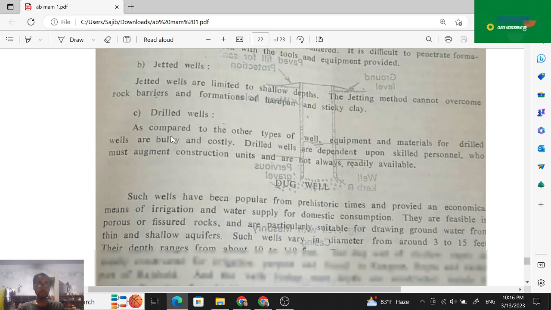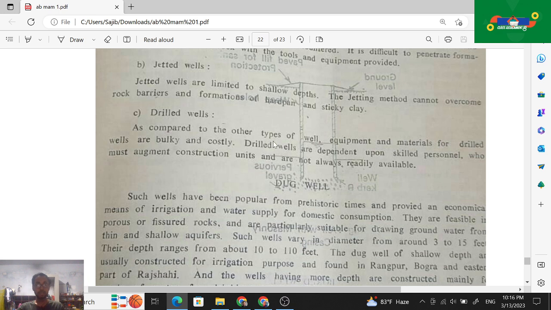In drilled wells, as compared to other types of well, equipment and materials are bulky and costly, and drilled wells depend upon skilled personnel who are not always readily available.